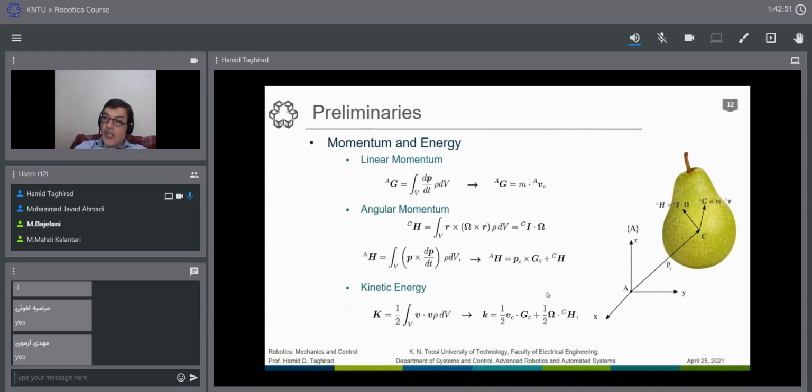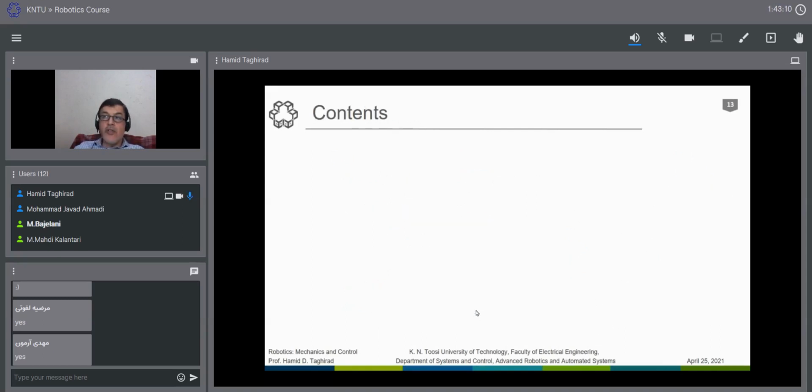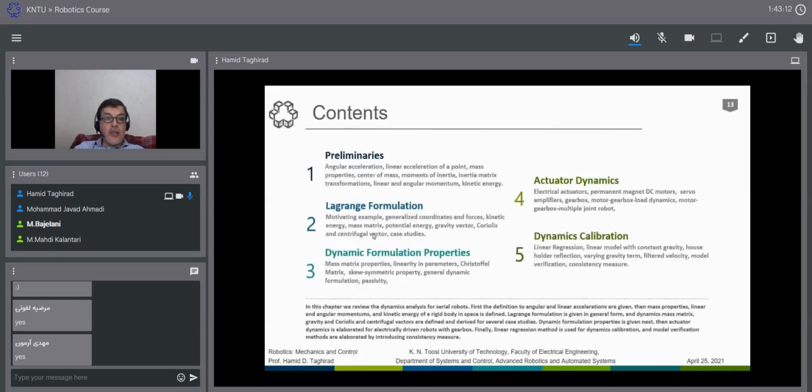And in general, we should find VC, GC, and HC as we defined in here. We need the moment of inertia and the mass matrix being well done in here. So I will stop it here and hopefully will give you the Lagrange formulation for the next semester.